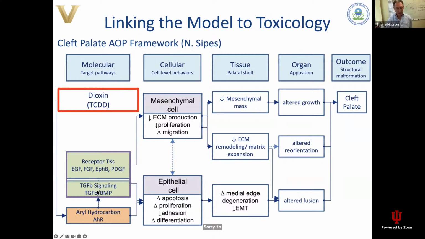It impacts it. We don't really have directional effects on this. And it changes the degree to which the epithelial cells apoptose, proliferate, and differentiate. And so it gives changes in the medial edge degeneration, or that medial seam, and thus altered fusion and cleft palate.